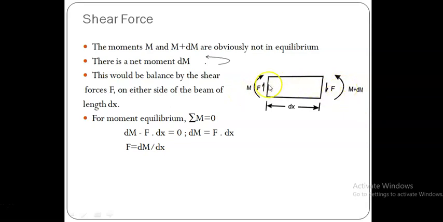There will be a difference in moments from point to point, so at one end it is having M and at the other end it is having M plus dM.